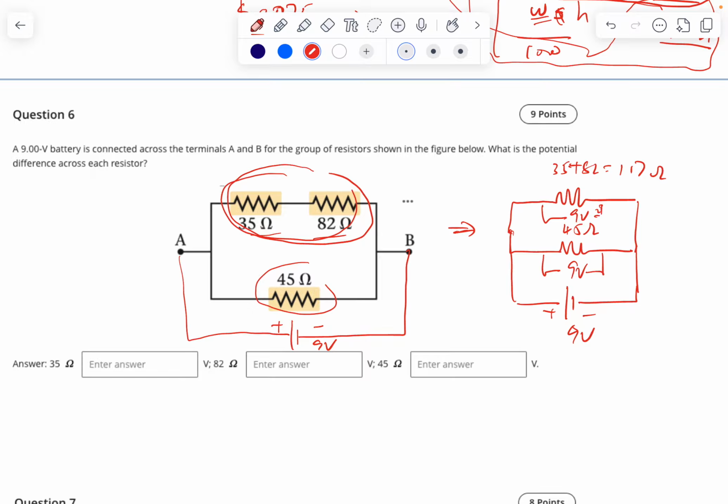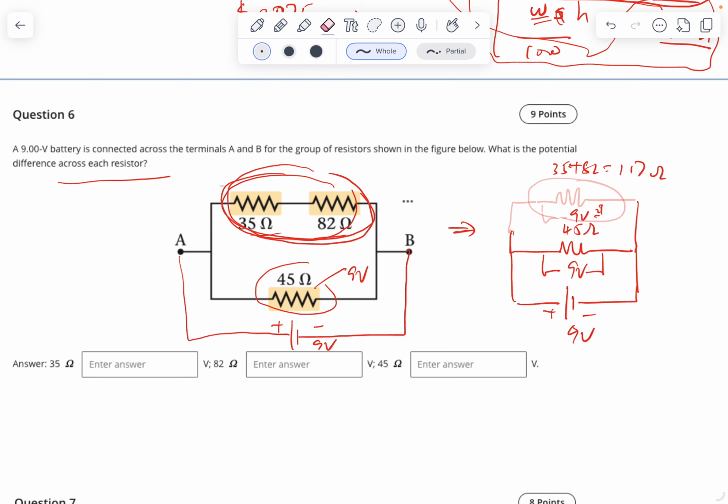You know the volts, and they ask what the potential difference of each resistor is. So this 45 ohm resistor has 9 volts. And then this combined resistor also has 9 volts.